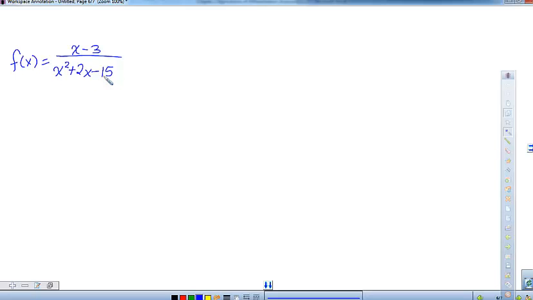See what you can find out about this function, and hopefully you'll end up with a graph. I'll give you some guidance in just a minute.